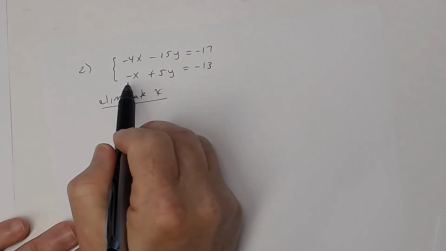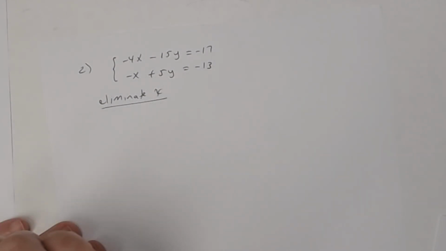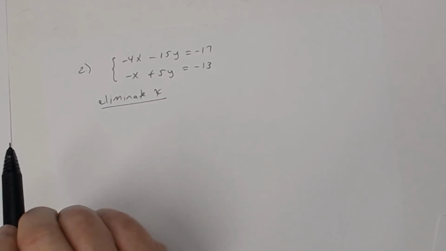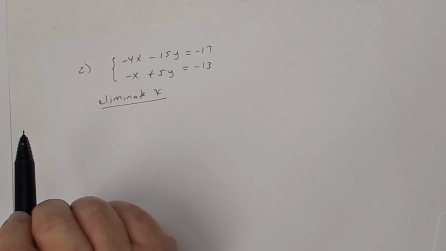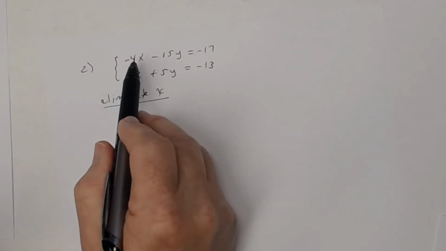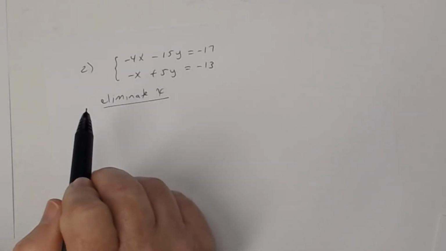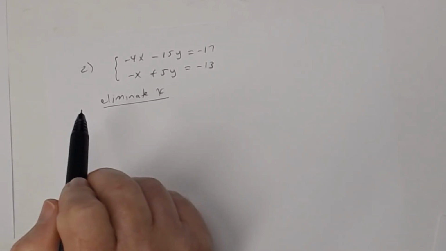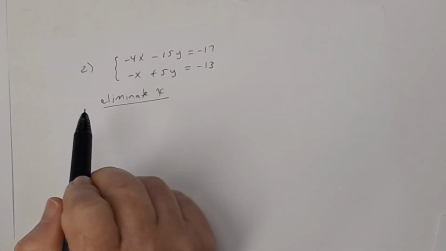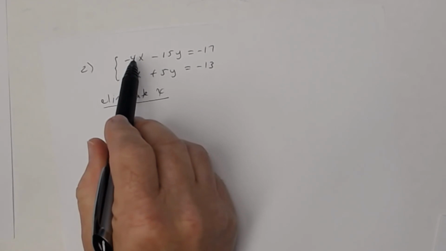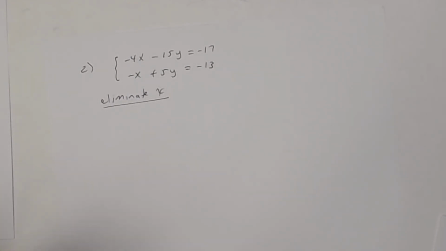So this is a negative 4, this is a negative 1. What you need to do is think about the least common multiple of negative 4 and negative 1. What's the smallest number? And always use the smallest, it helps. So what's the smallest number that negative 4 and negative 1 go into?